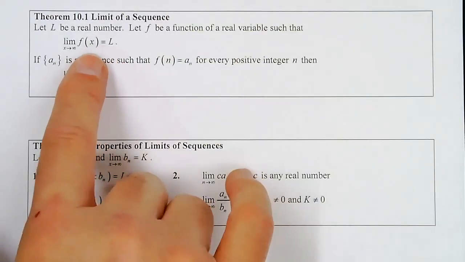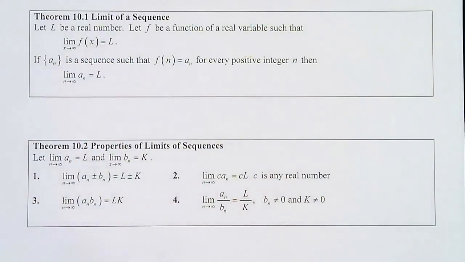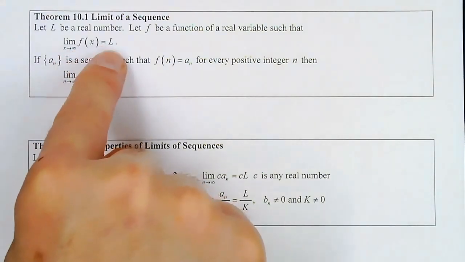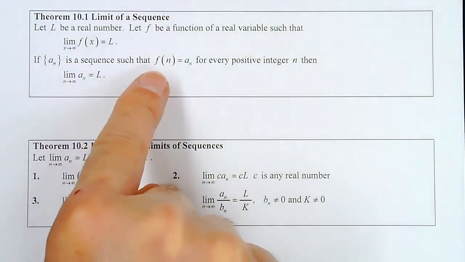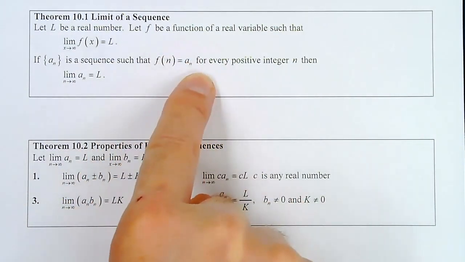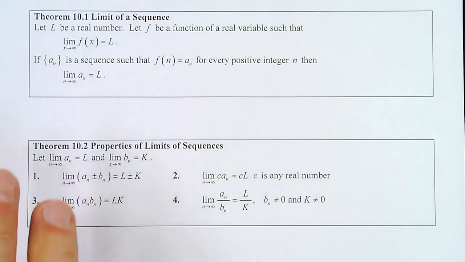So if we know a function, a specific function, now a function is a real valued function, which means we can put any real number in, unlike a term of a sequence, where we can only put 1, 2, 3, 4, 5 in for n. So if we know the limit of the function is equal to L, and we know that the function is the same as the term formula for every positive integer, now the function actually would have more values, right?